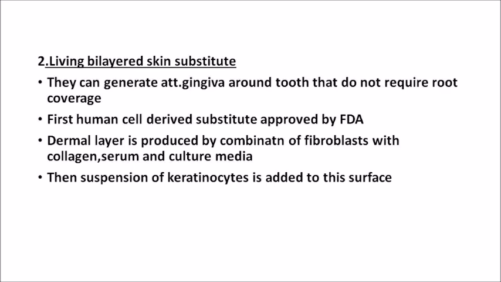Here, as we already said, there are 2 layers. The dermal layer is produced by the combination of fibroblast with collagen, serum and some culture media, and over this a suspension of keratinocytes is added. So it is simulating the dermal layer and the epidermal layer. So we have a dermal layer, and over this we have a keratinocyte suspension layer. This is living bilayered skin substitute.